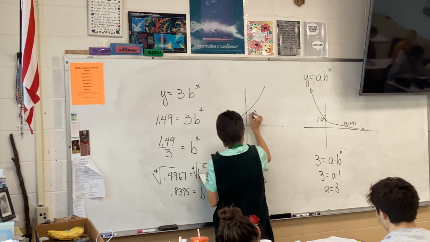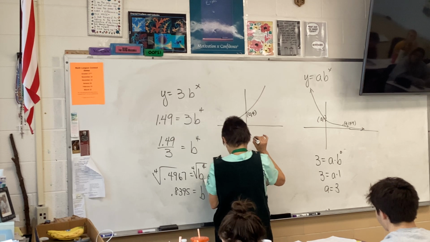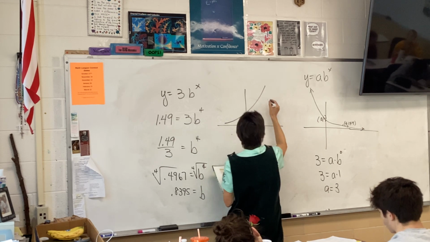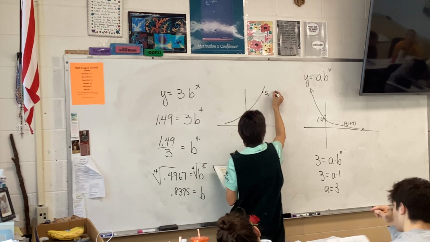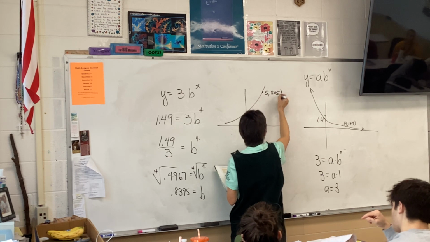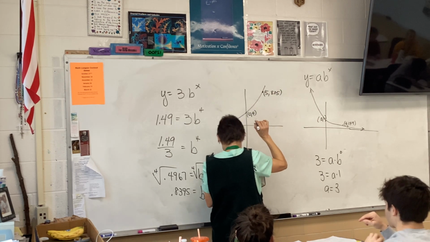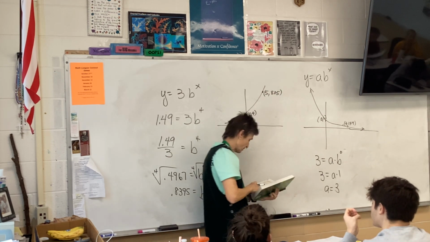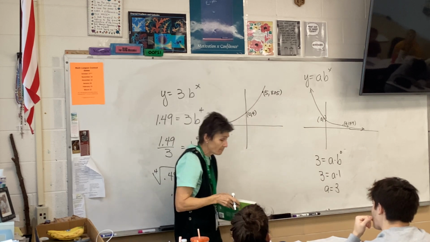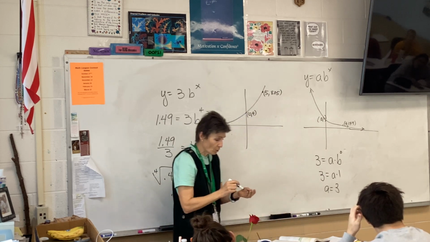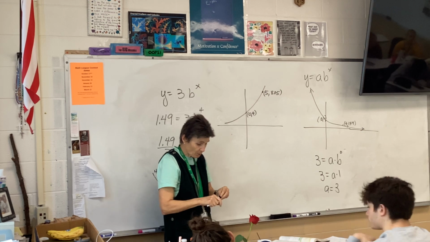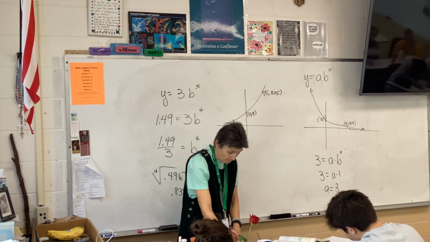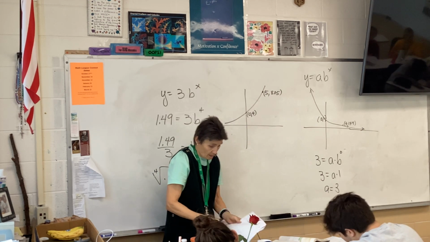That's the 0, 4 and 5, 8.05. So take a second on your own and see if you can write the equation of that.